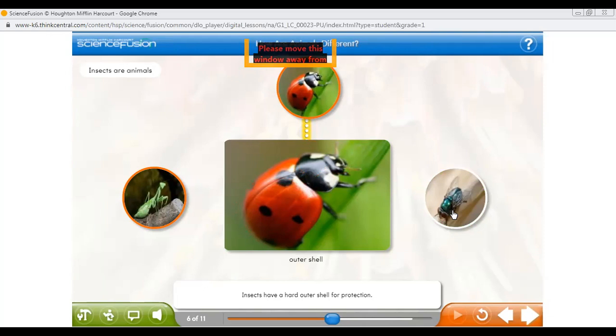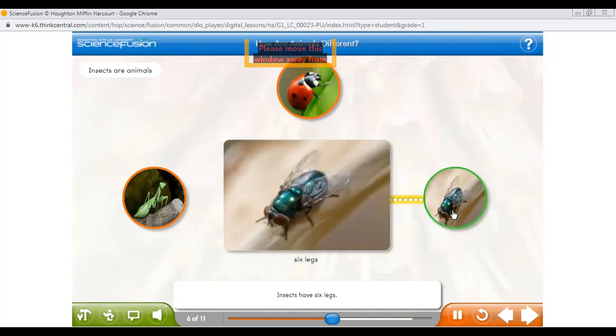Now the next feature. Insects have 6 legs. Some are used for walking or climbing, and some are used for grabbing and holding food. So now the one more feature of an insect, what is it? Let me show you again the three body parts. Look where its eyes are. This is the head part. This is the thorax, and down it is the abdomen. So these are the three body parts of an insect, and they have 6 legs.